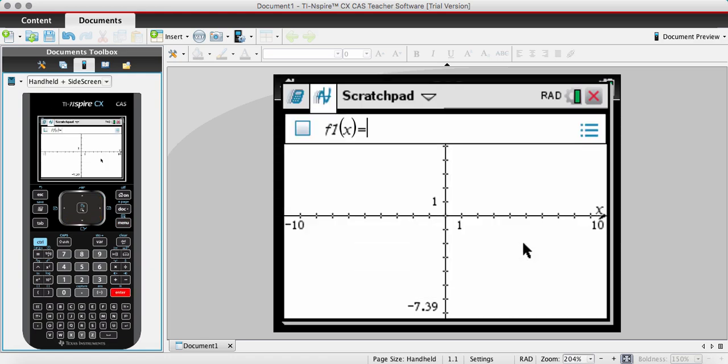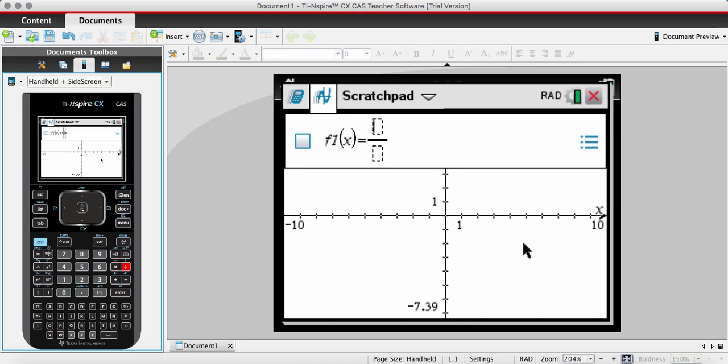Now I'm going to graph the function 1/2 x minus 3. So in order to do that, I have to push control and then the fraction template, 1/2 x minus 3.